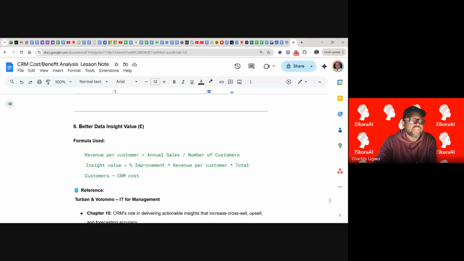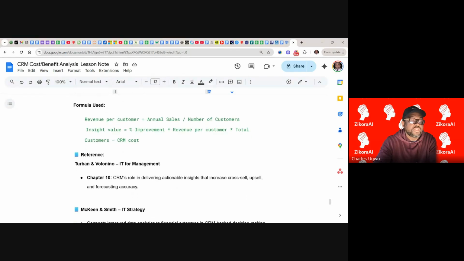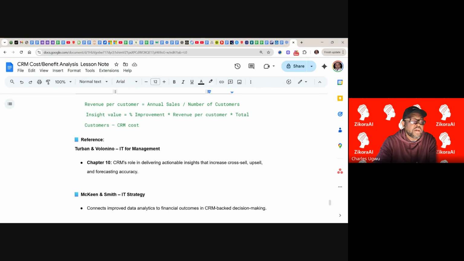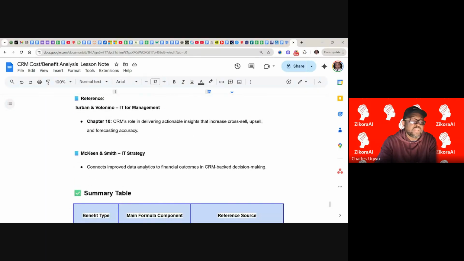So better data insights is covered here by Turban and Volonino in IT for Management, chapter 10, which says CRM plays a role in delivering actionable insights that increase cross-sell, upsell, and forecasting accuracy. McKinney and Smith, IT Strategy, connect improved data analytics to financial outcome in CRM-backed decision making.